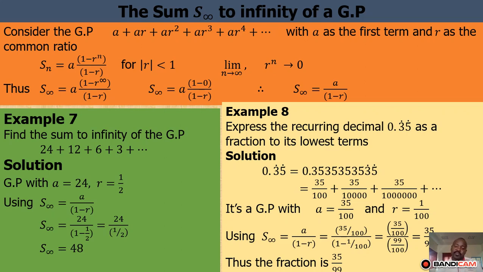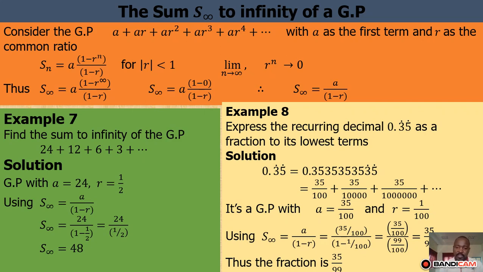So 0.35 recurring is the same as 0.35, 35, 35, 35, 35, 35, and so on, which is equal to 35 over 100 plus 35 over 10,000 plus 35 over 1 million plus. Looking at that series, it is a GP with the first term A as 35 over 100 and common ratio of 1 over 100.